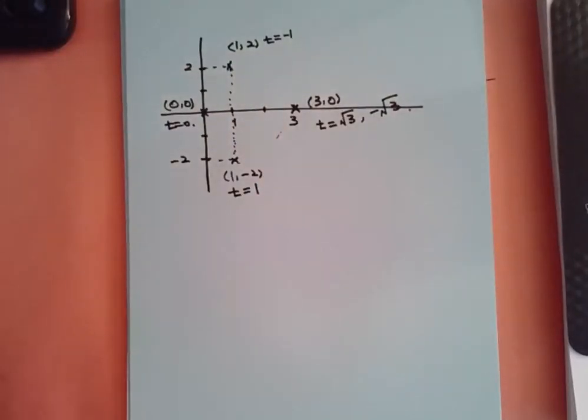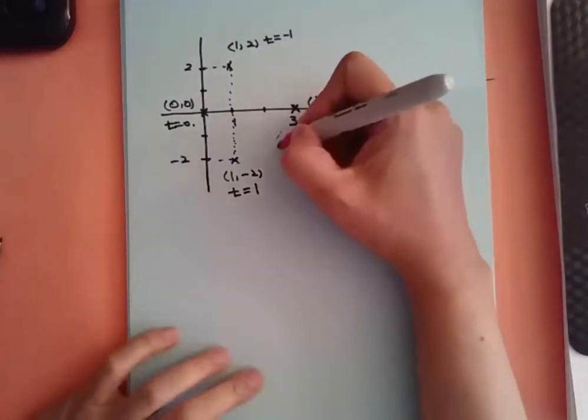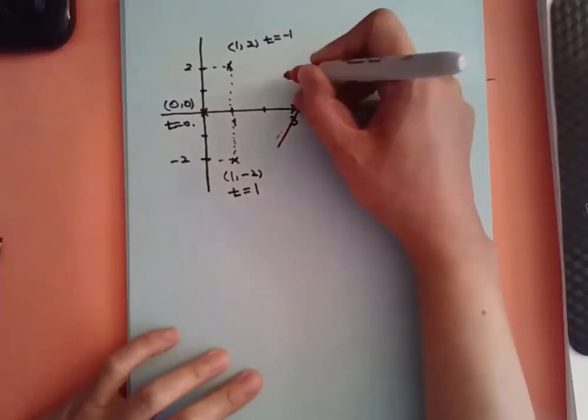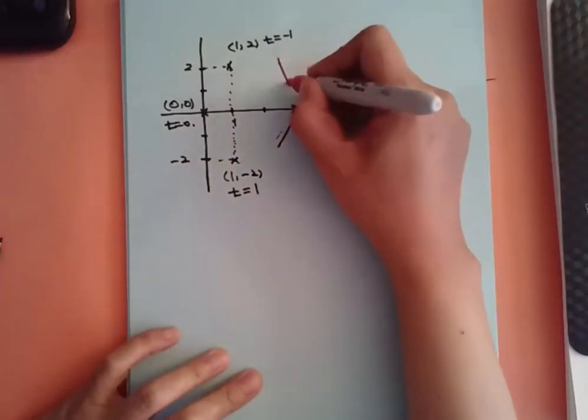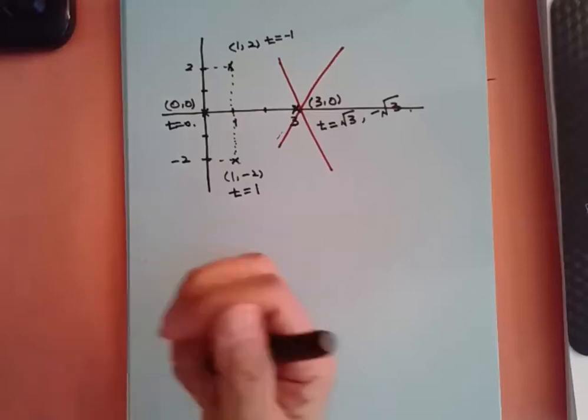What we want to do is draw the tangent lines. There were 2 tangent lines here, one was positive and one was negative.